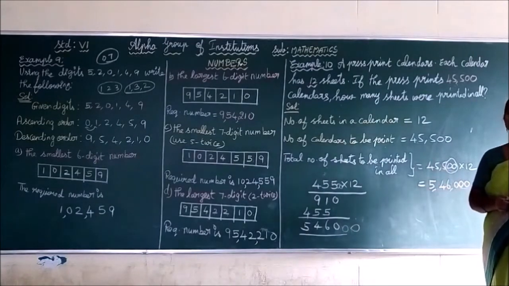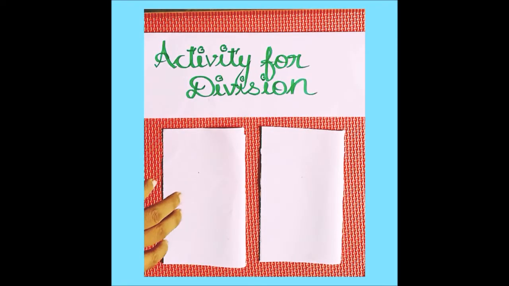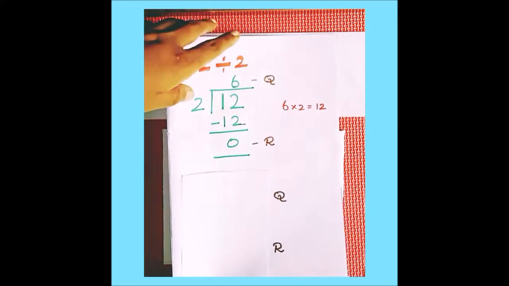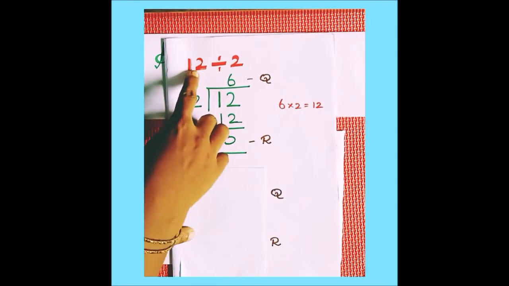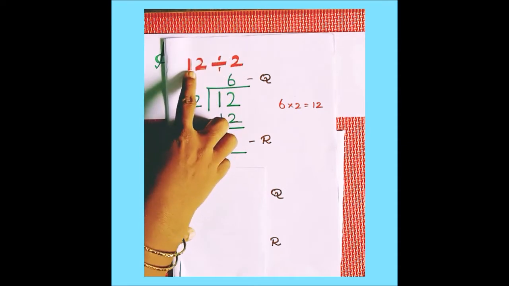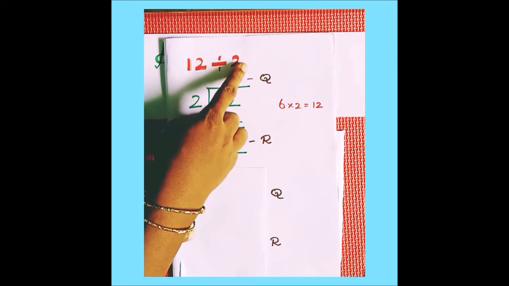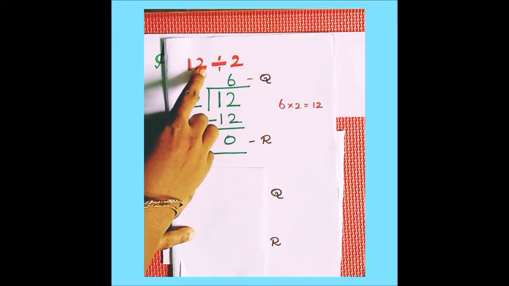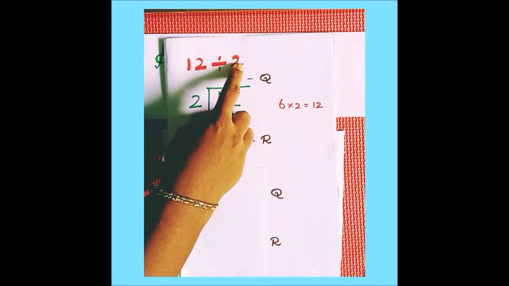It's clear children? My dear children, in today's activity, we are going to discuss the concept of division. Okay. First, we are going to see one example sum. See here, we are going to divide 12 by 2. 12 divided by 2. So, what is the dividend? 12 is the dividend, 2 is the divisor.